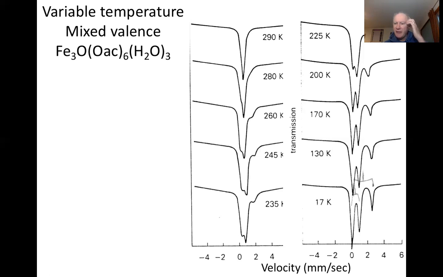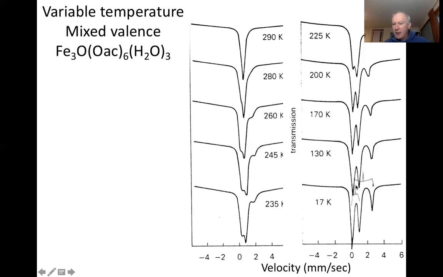And the interpretation of this is that there are 2 environments that are both split into doublets. So iron tends to form doublets in Mossbauer spectroscopy. And so we would expect to see a doublet from the iron 2+ and then a doublet from the iron 3+. And the doublet from the iron 3+ should be twice as intense. And so this is overlapping doublets.